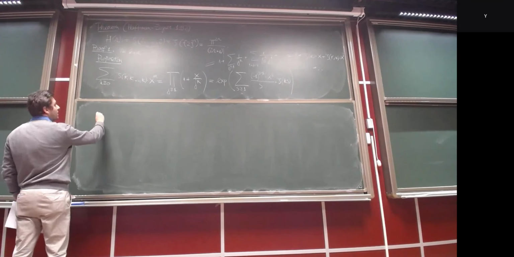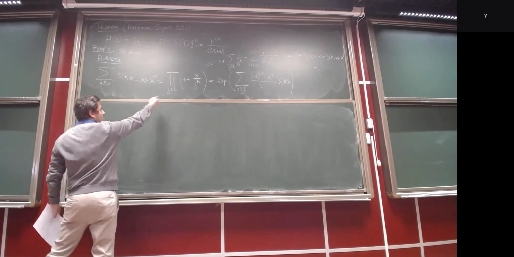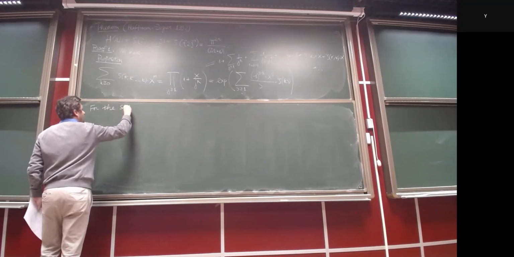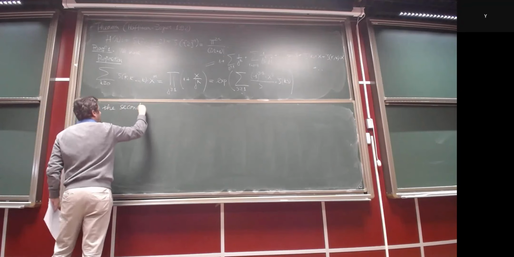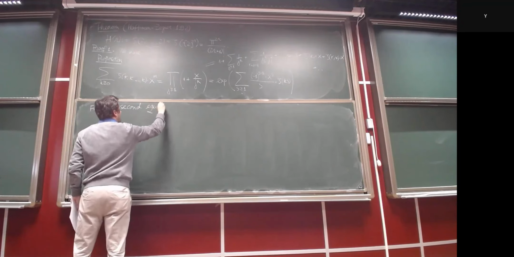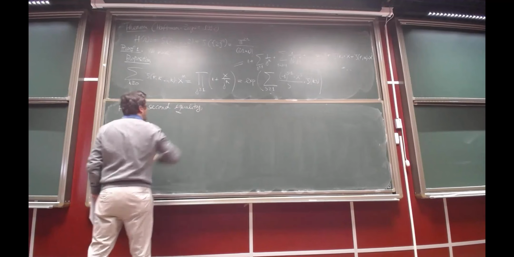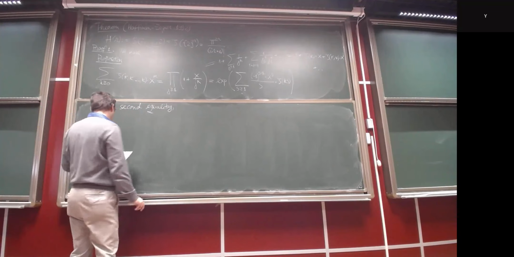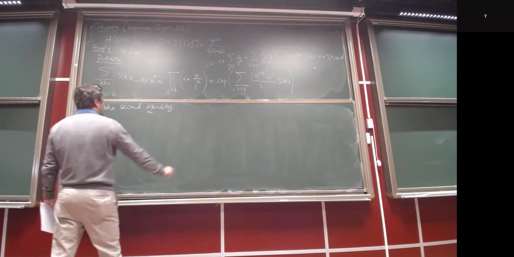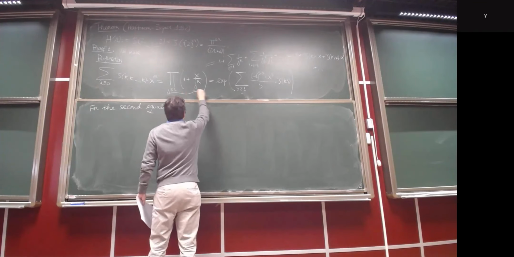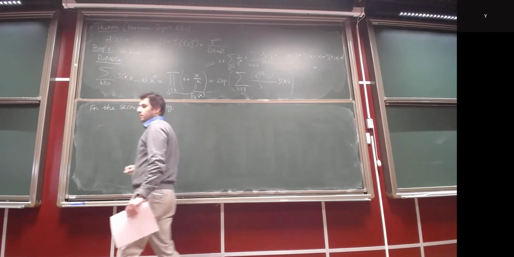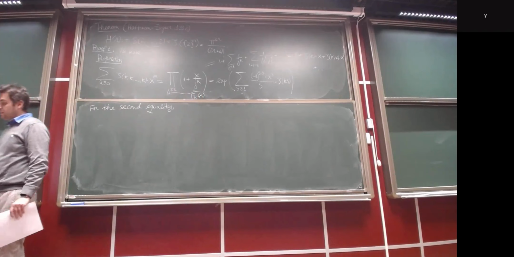So when we want to prove this second equality, we have something like, well, in fact, let me consider this function. Let me denote this by f sub k of x, so that I can see it better.